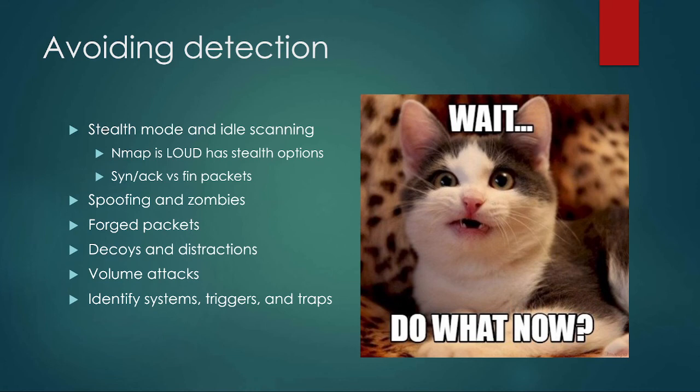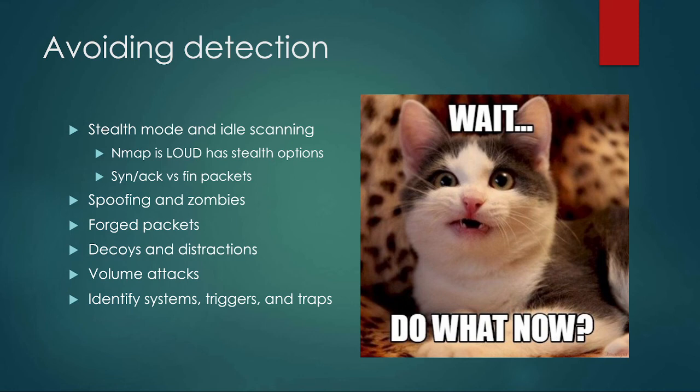Now, to avoid detection, one of the things that will happen as we go through this process is we need to make sure that we are avoiding detection as we are trying to do our enumeration plan. So for example, Nmap is actually really loud. Most systems will be able to tell if you're doing Nmap or Zenmap on one of their servers.